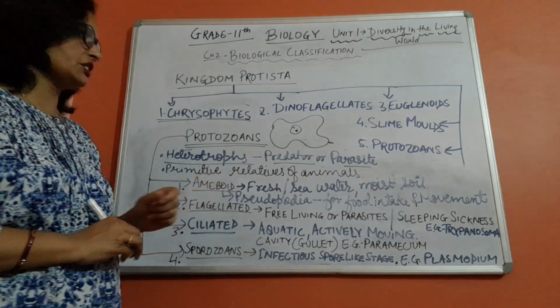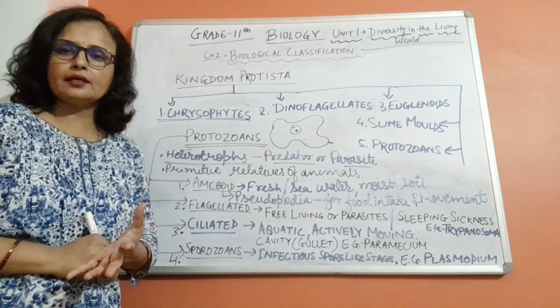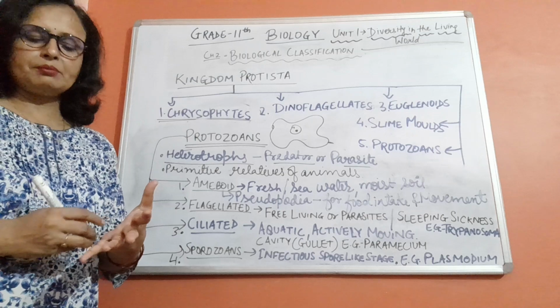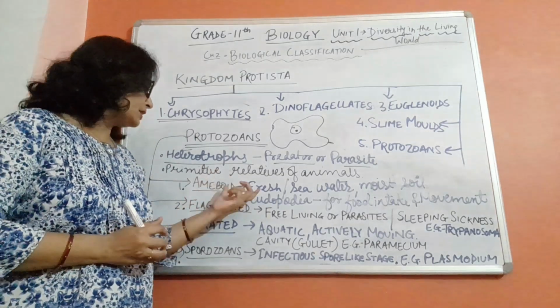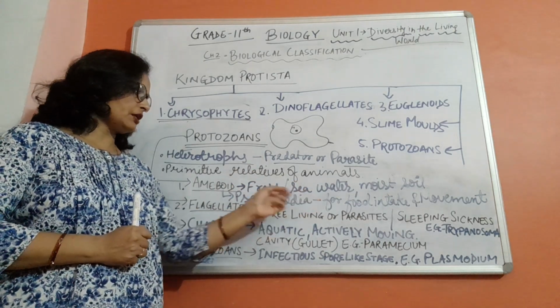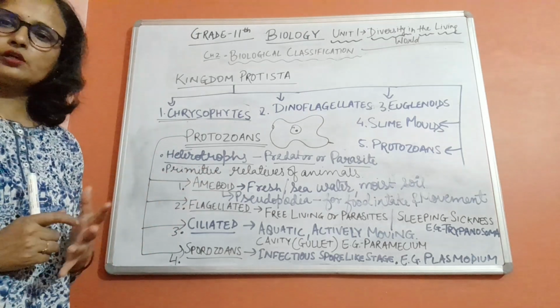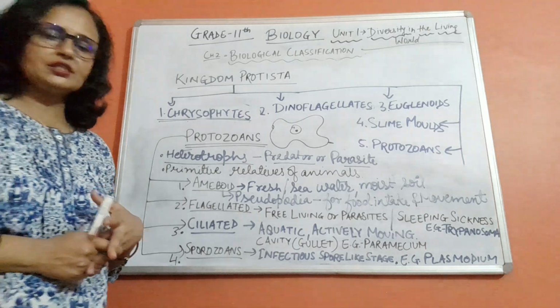And in amoebiosis the symptoms are basically diarrhea like dysentery, that means dehydration you can say. And why does it happen? Because of intake of water which has Entamoeba histolytica. This is infectious, that causes infection in the colon, in the large intestine.